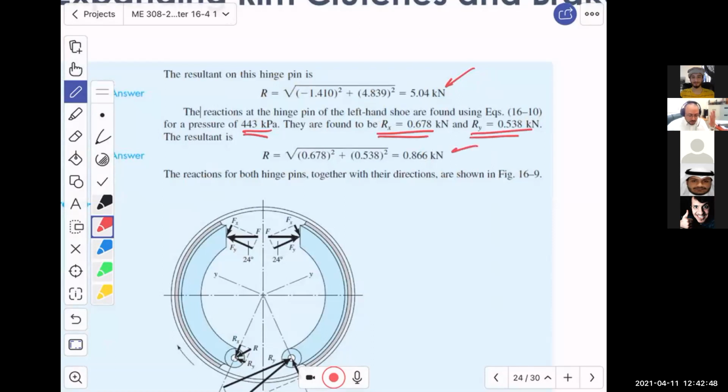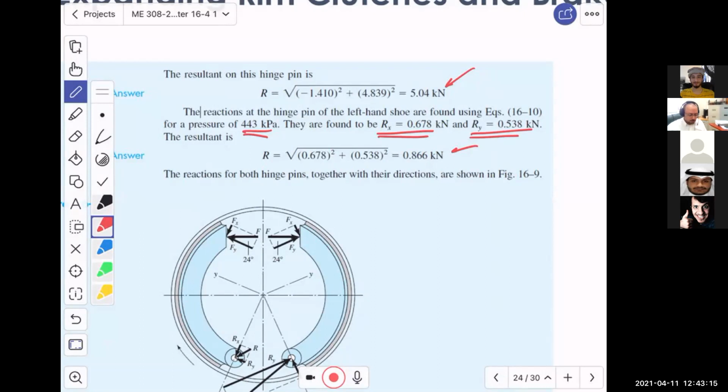Just look, the resultant load on the left shoe is 0.86 kilonewton, while the resultant load on the right shoe is 5.04 kilonewton. That's more than 5 times. Yeah. So it's a lot. So I mean, if you want to design this, definitely the right shoe is the more critical one.